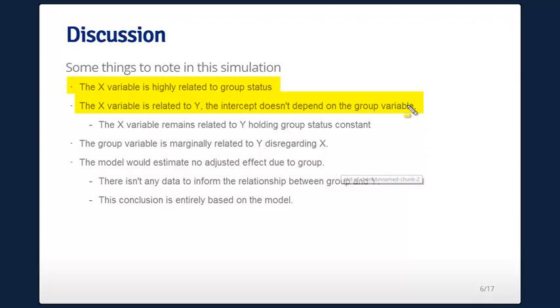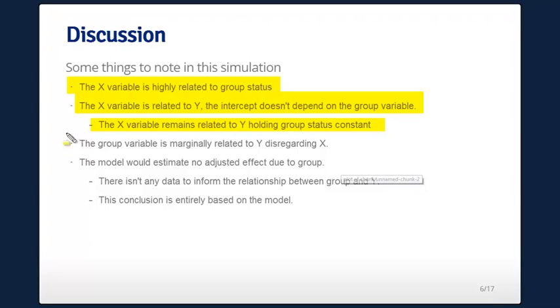For example, in the pink group, we don't have any data near the intercept, so everything is dependent on the model. So the x variable remains related to y, holding group status constant.